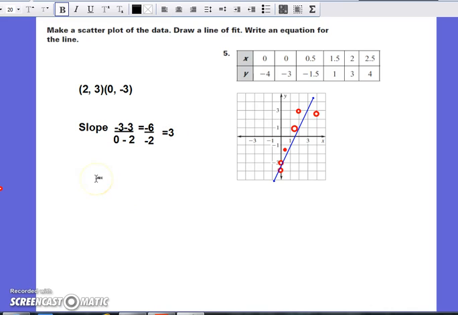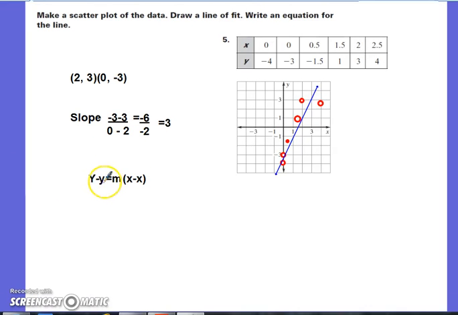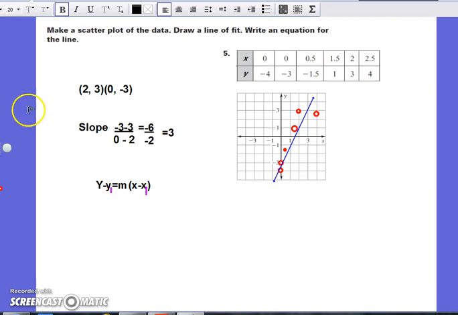You have to fill in your equation. Y minus y sub 1 equals m times x minus x sub 1. Remember where our 1's are. Here and here. So you're going to get, using the first point, y minus 3 equals 3 times x minus 2.